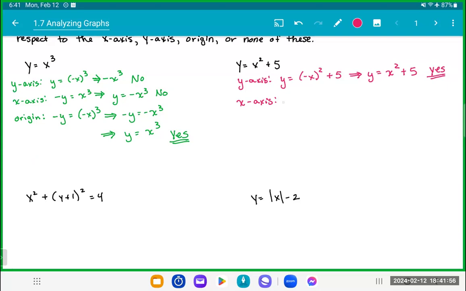So for this one we have negative y equals x squared plus 5. That's going to simplify to y equals negative x squared minus 5. That is not equal to my original equation, so there's no symmetry with respect to the x-axis.